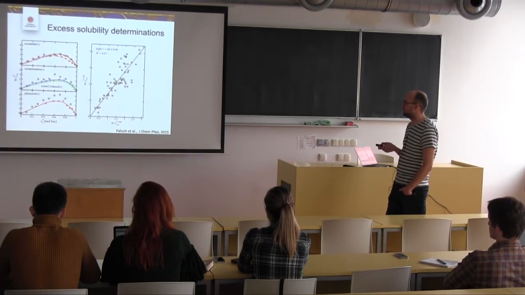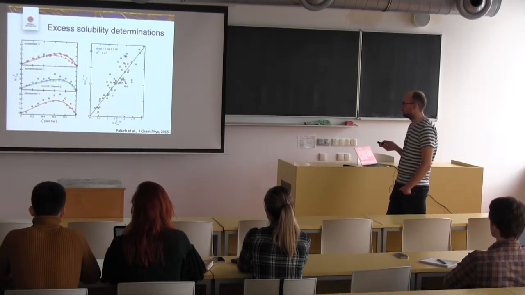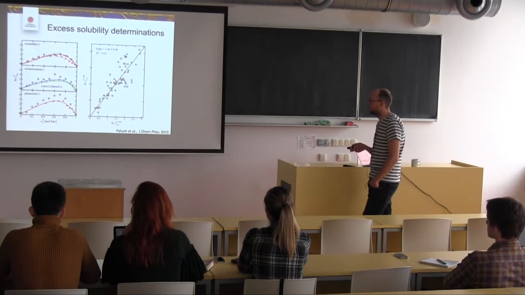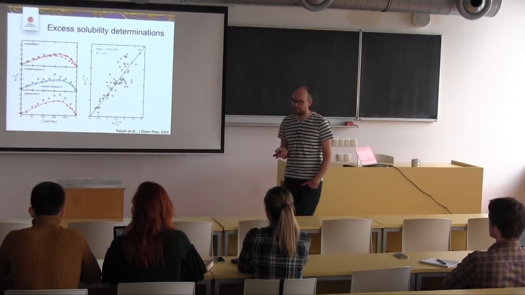Here we have, for 3 of the compounds, the predicted or calculated solubility values versus the experimentally determined solubility values as dotted lines. And for the entire data set, the R squared is almost 0.7. So it's not perfect, but this is something that can be done.